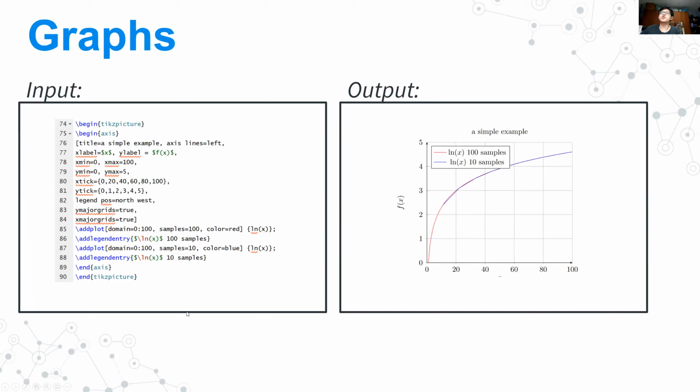So the number of samples to choose is up to you. You can try 100 first, see how fast it runs, and see whether it gives you a good enough graph for your purposes. If it's good enough, then 100 is fine. Or if it's too slow, you can try reducing to maybe 50 samples, then see whether the graph is still good enough. If it's not, you can try increasing it again. Basically, it's up to you to decide how many samples you want and how fast it runs.